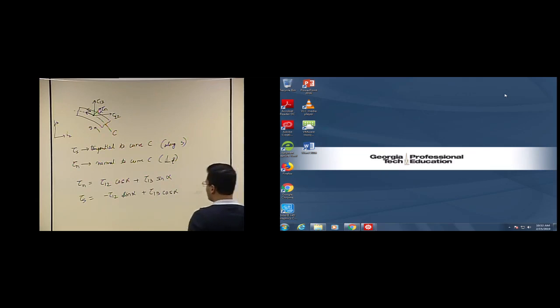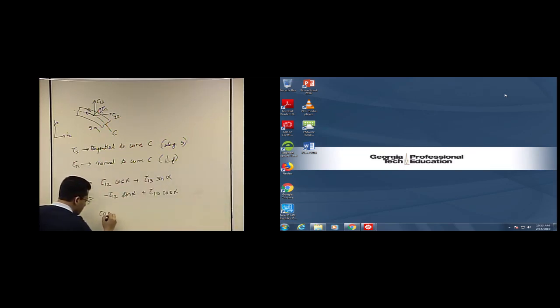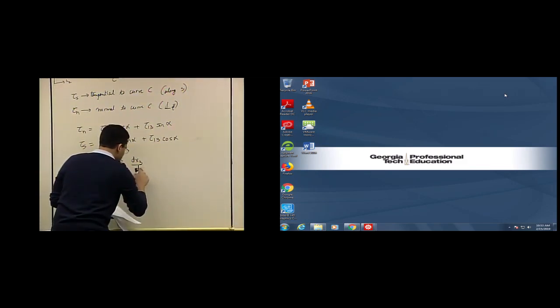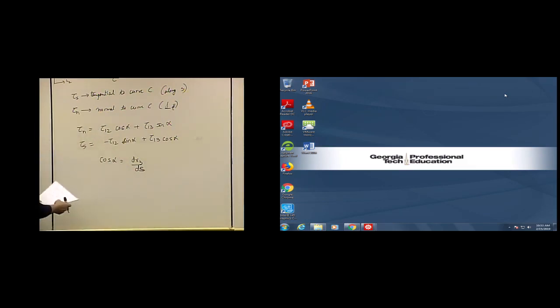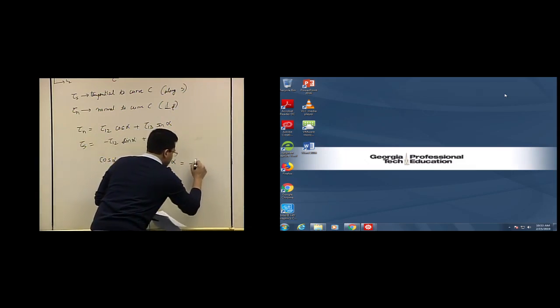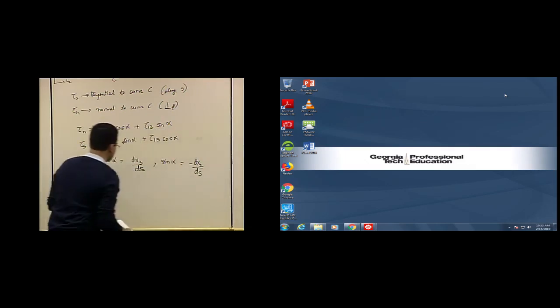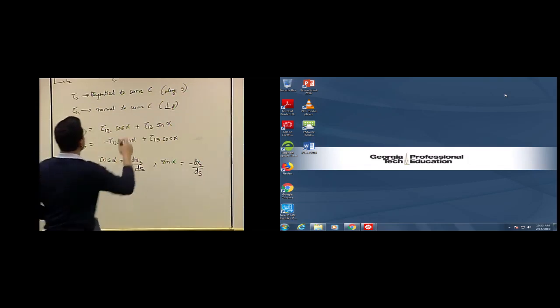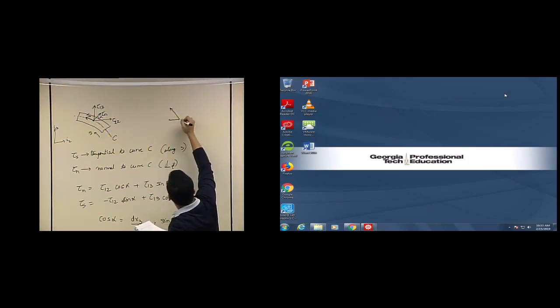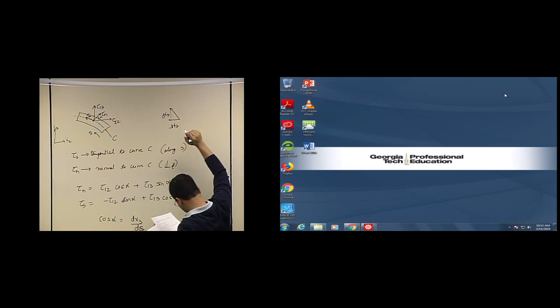Okay, so here when we define cosine alpha, it is essentially dx3 over ds, and similarly sine alpha is minus dx2 over ds. If I make a zoomed out version of this, you'll see that this is dx3 and this is minus dx2, and this angle is alpha.